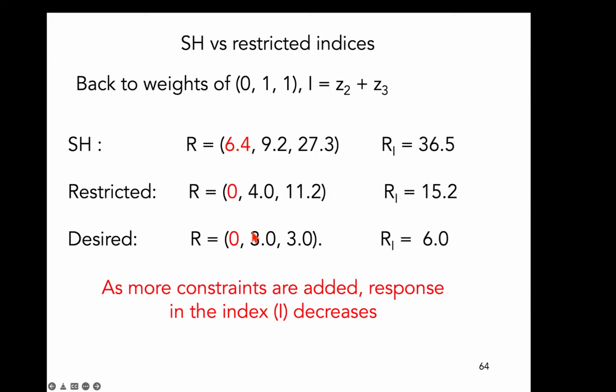If I use desired gains, I want no response in trait 1 and equal response in trait 2 and trait 3. I can get that as well, but now my response is 6. So as you add more constraints, the net result is the response in the part of the index you care about goes down. There's no free lunch. There's a cost to using those constraints.